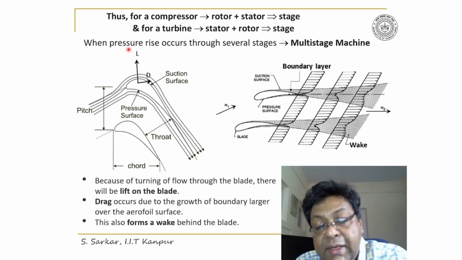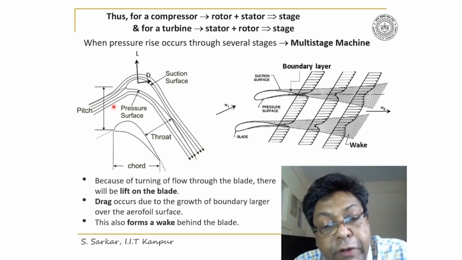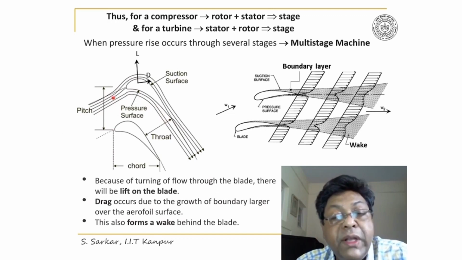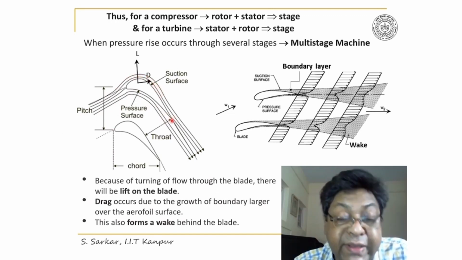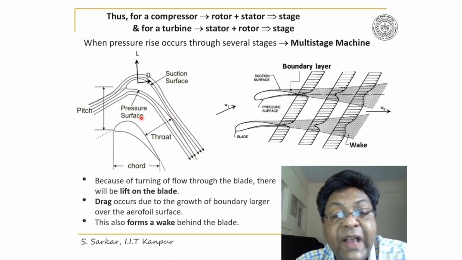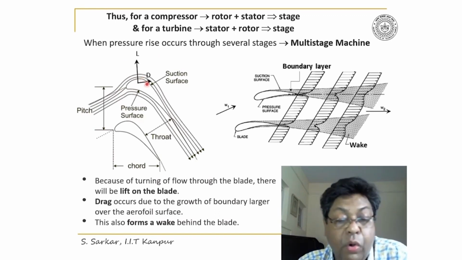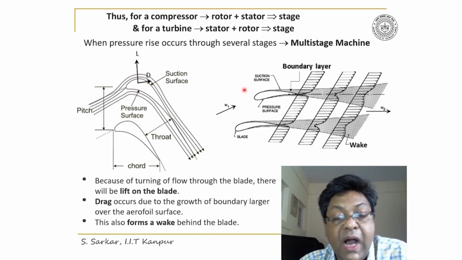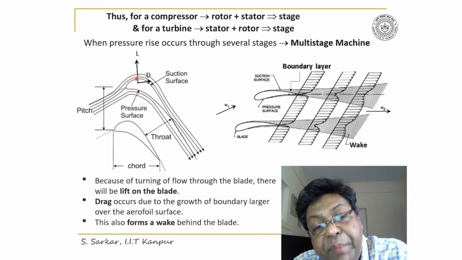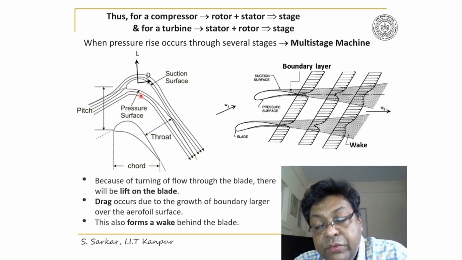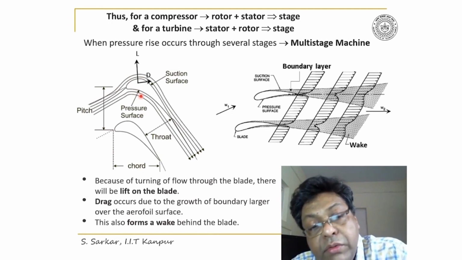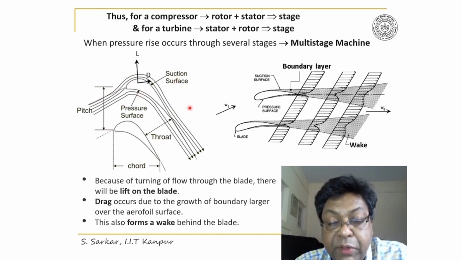You can also think that the fluid flow will decelerate on one side, whereas on the other side the fluid flow will accelerate. Because of this acceleration and deceleration, the pressure on one side will be higher than on the other. Where the pressure is higher, we call it the pressure side of the blade, and where the pressure is relatively lower, we call it the suction side of the blade.